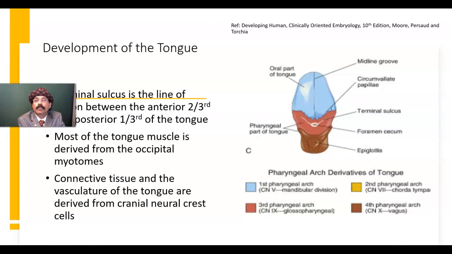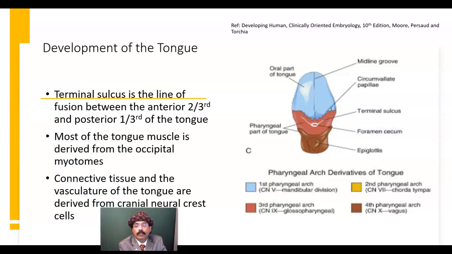So if we go here, development of the tongue: the terminal sulcus is the line of fusion between the anterior two-thirds and posterior one-third of the tongue. This is the sulcus terminalis, also called terminal sulcus. Most of the muscle of the tongue is derived from occipital myotome.